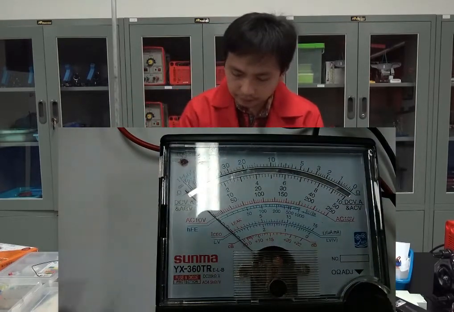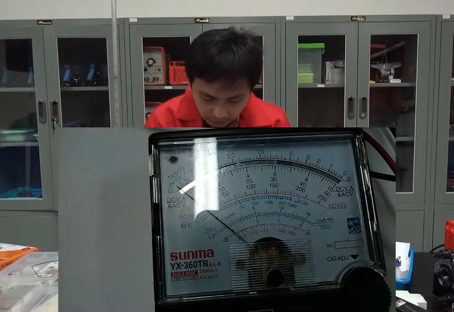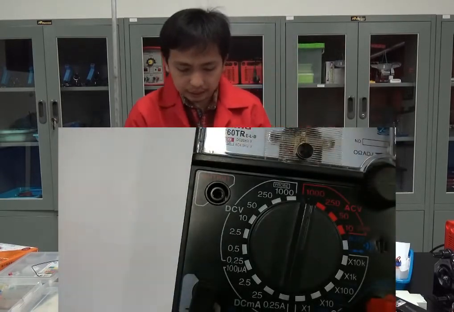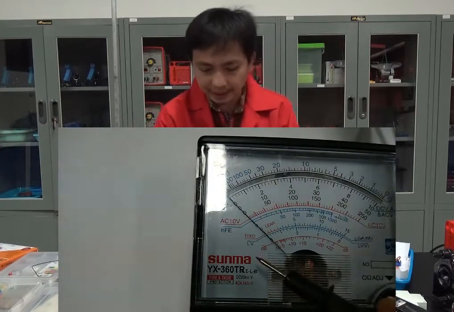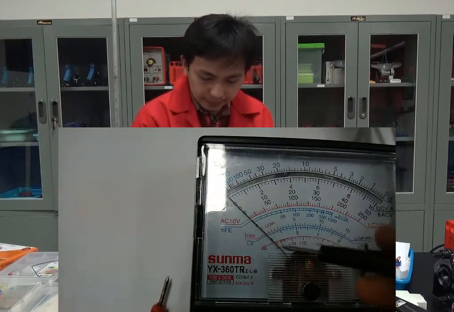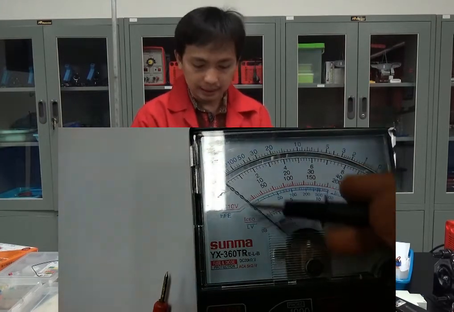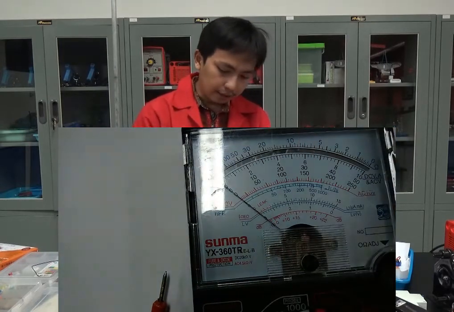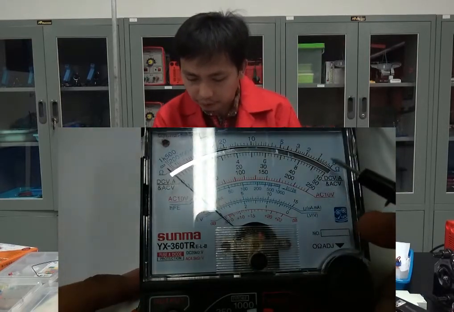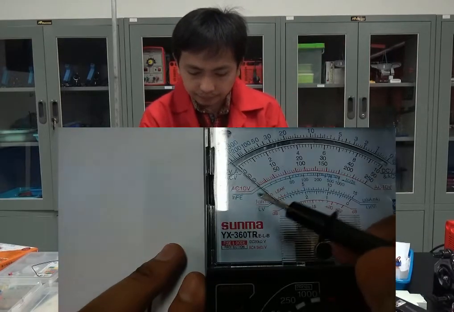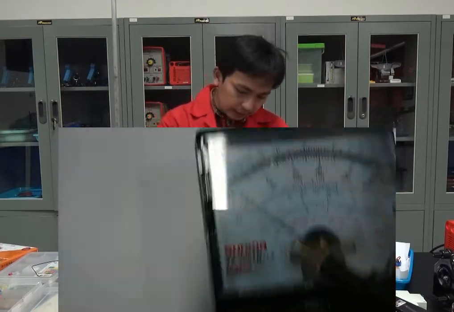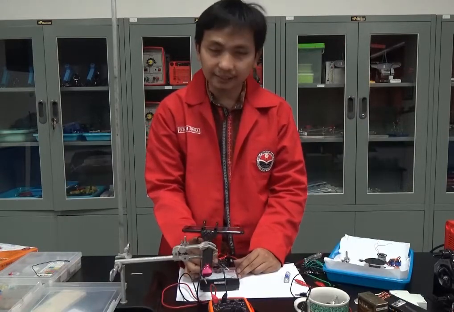The working principle is different for voltmeter, ammeter and ohmmeter, because on the display, the zero value for voltmeter and ammeter starts from the left side, but for the ohmmeter, the 0 point starts from the right side. Interesting, right?